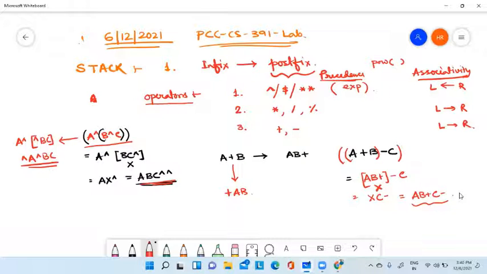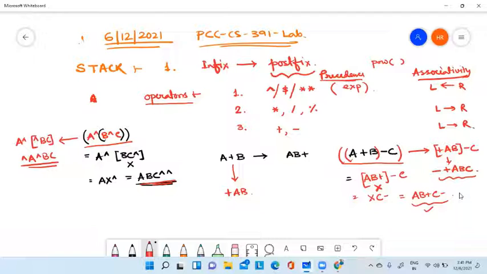Similarly, for a + b - c, the prefix is +ab first. Then minus c gives -+abc. This is your prefix and this is your postfix. So these are the different representations from infix to postfix and prefix.